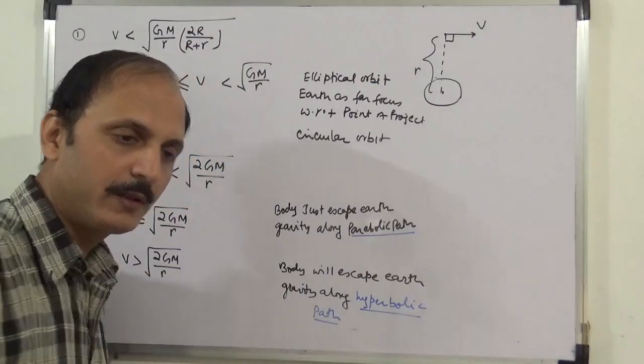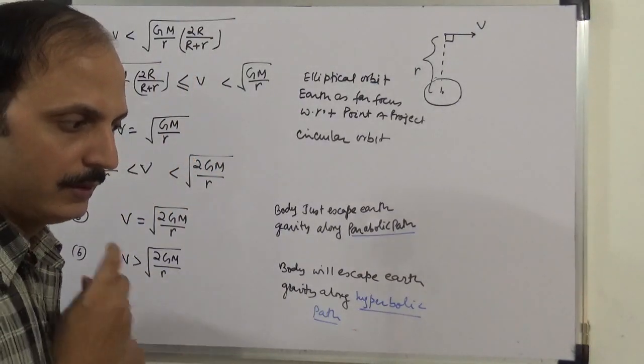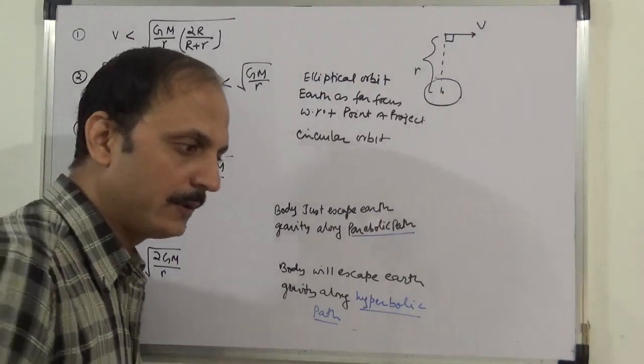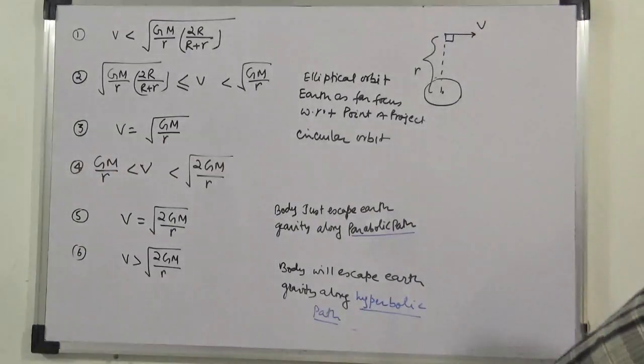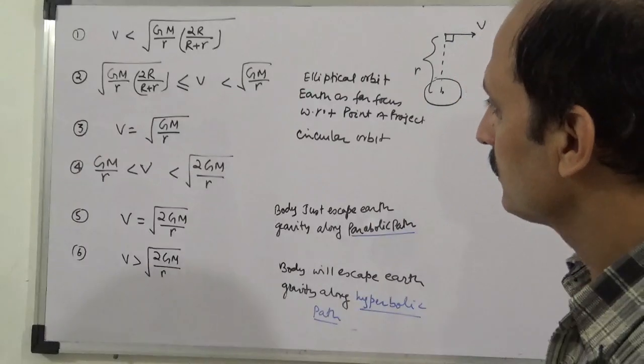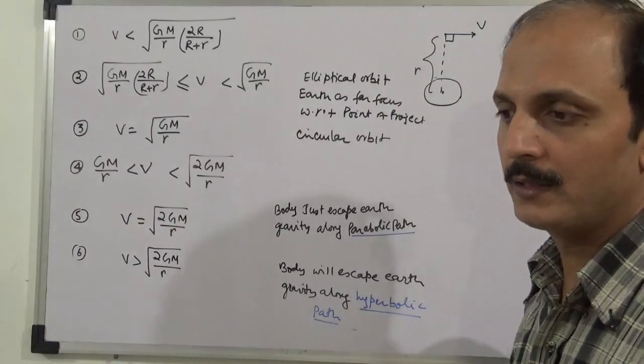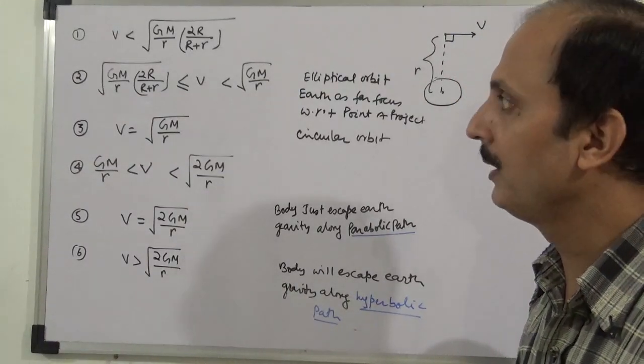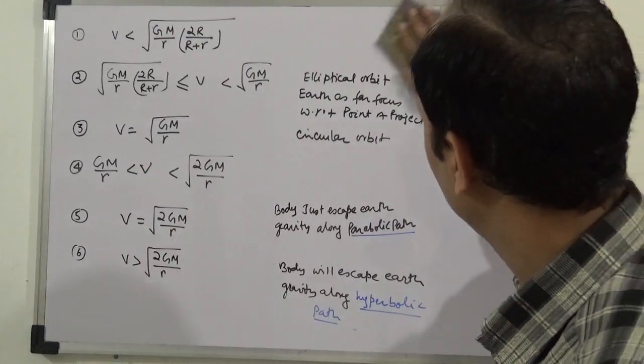Again, its proof is not required. When you learn coordinate geometry, you can do it by yourself. Here you just have to remember these terms. So this is the projection, and depending on velocity it is going to follow a different path.